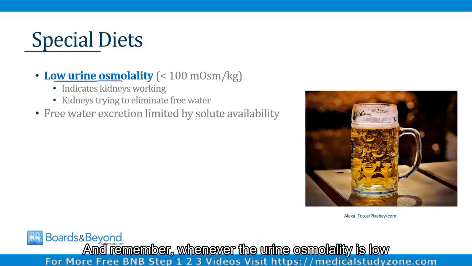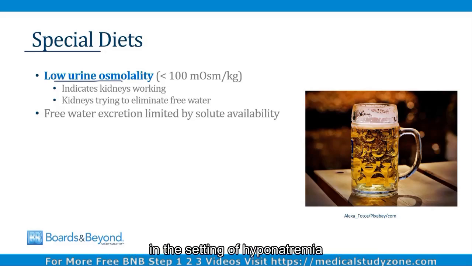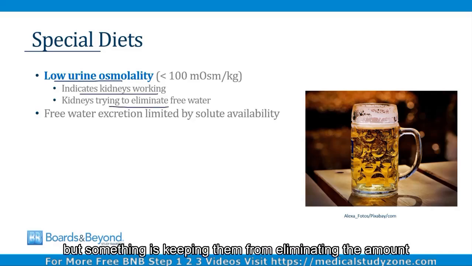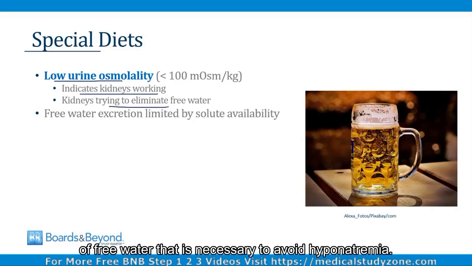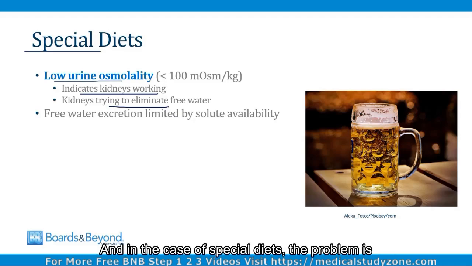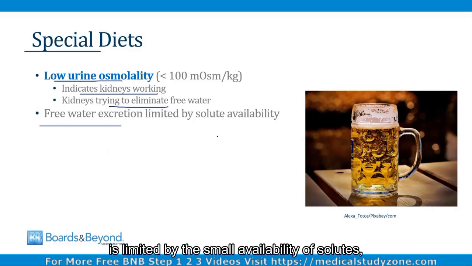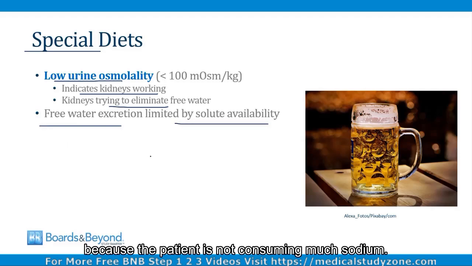And remember, whenever the urine osmolality is low in the setting of hyponatremia, that means the kidneys are working. They are trying to eliminate free water, but something is keeping them from eliminating the amount of free water that is necessary to avoid hyponatremia. And in the case of special diets, the problem is that the free water excretion by the kidneys is limited by the small availability of solutes because the patient is not consuming much sodium.